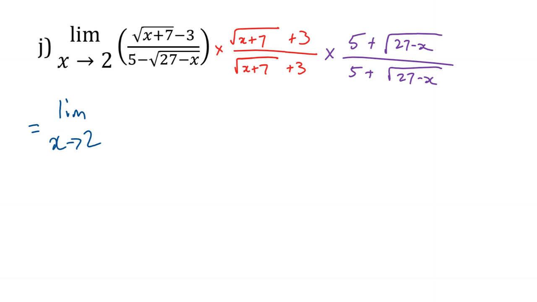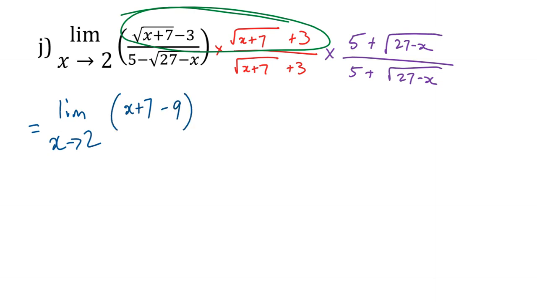So when I multiply these together, I get square root of x plus 7 times square root of x plus 7, which is x plus 7. I know the middle term cancels out, so I'm not going to worry about that. I get negative 3 times positive 3, which is minus 9. I got to put that in brackets.